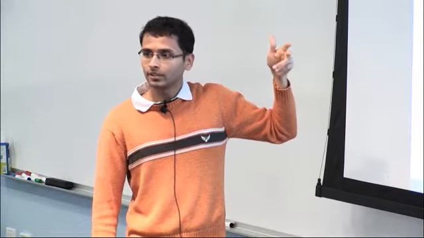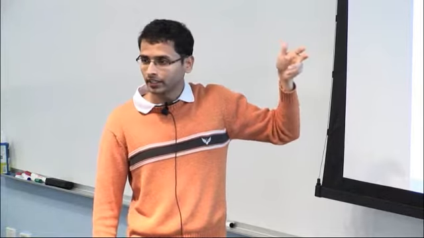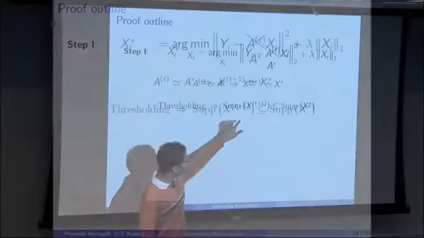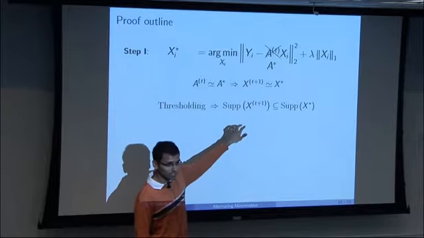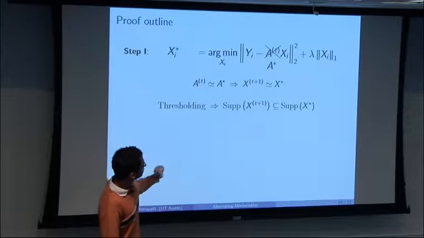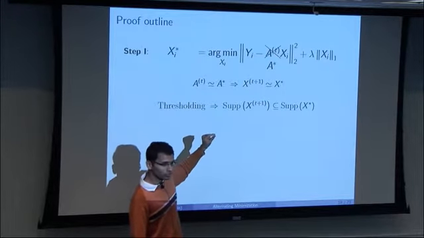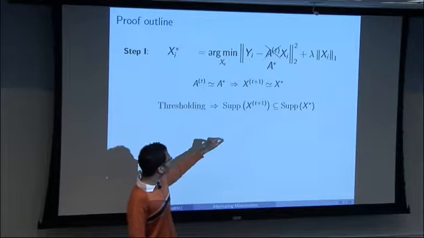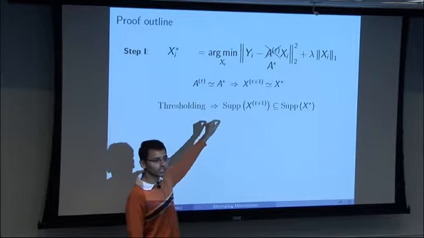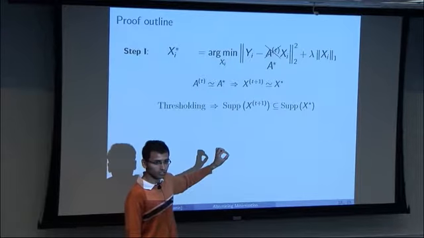After this, we do a thresholding step based on our confidence in our current estimate of the coefficients. The thresholding step ensures that the support of our current iterate x_{t+1} is actually contained in the support of x*. This is because suppose an element of x* was 0, then after the lasso step, since x_{t+1} was close to x*, the corresponding element in x_{t+1} was very small.